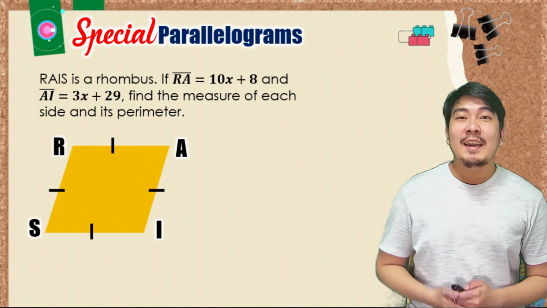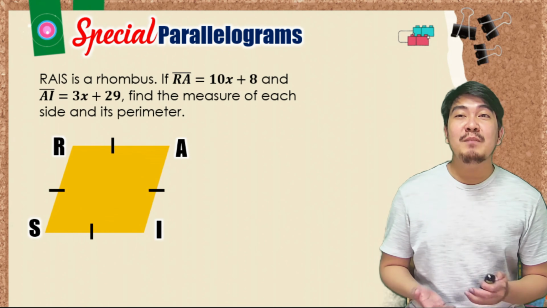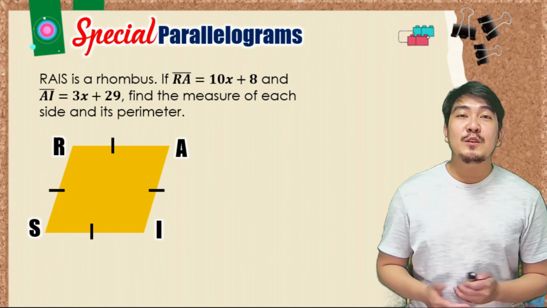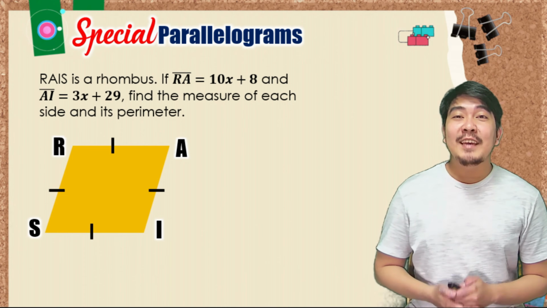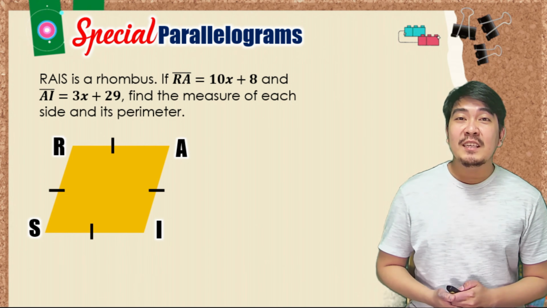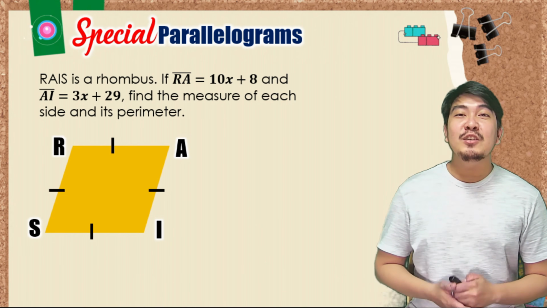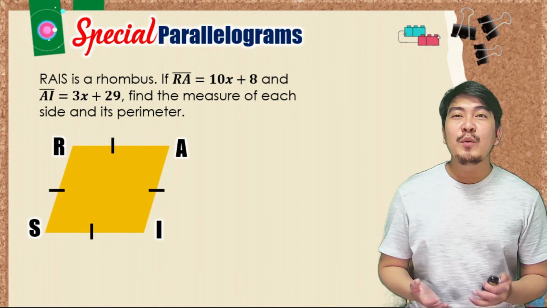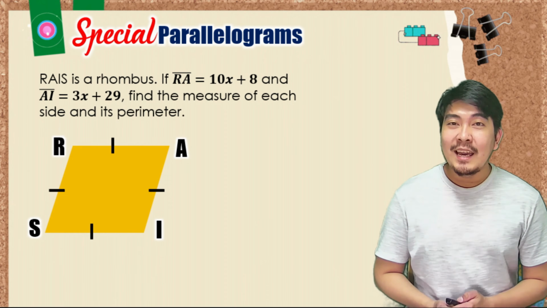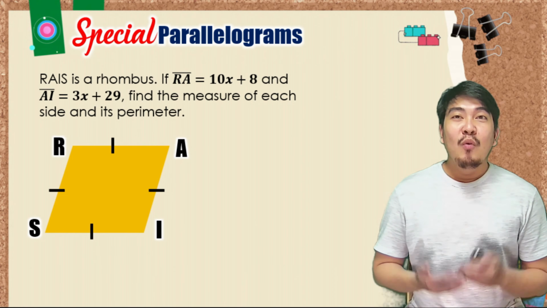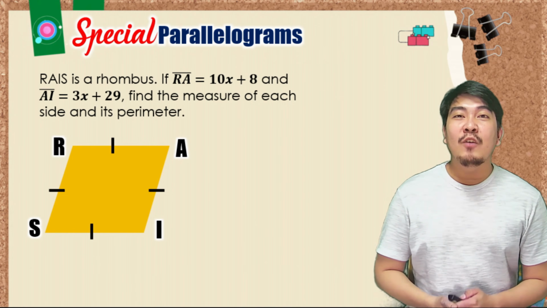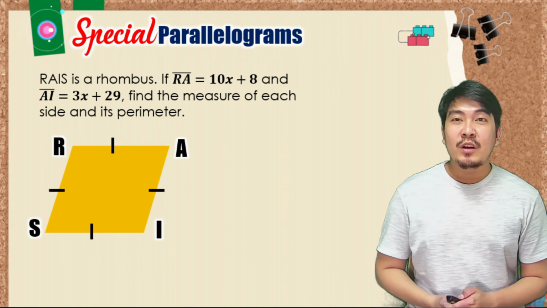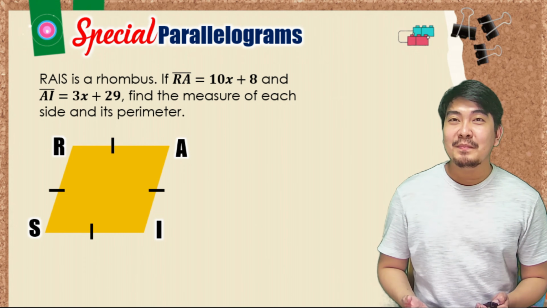So RAIS is a rhombus. If segment RA is equal to 10x plus 8, and segment AI is equal to 3x plus 29, find the measure of each side and its perimeter. So how are we going to relate segment RA and segment AI? What feature or property of a rhombus will support this relationship?